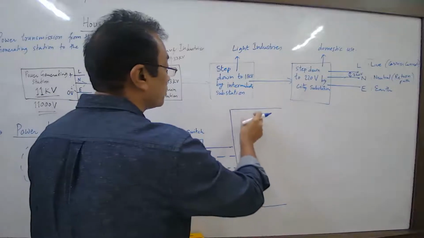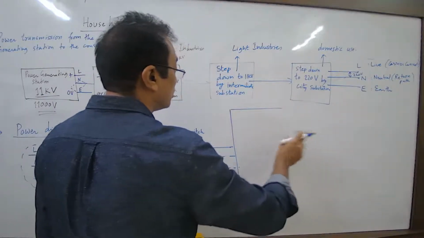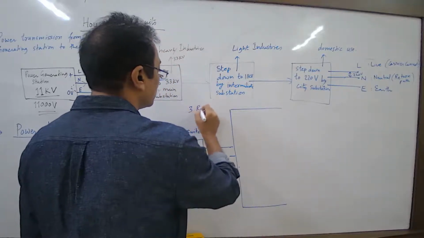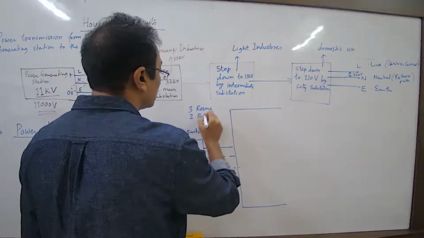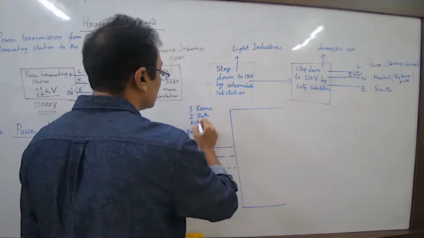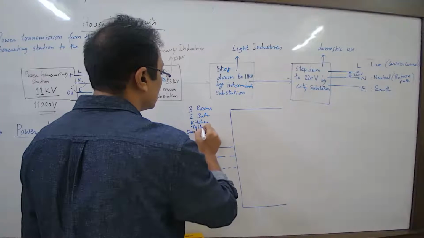So 3 BHK, then we have a kitchen, toilet, so on and so forth. So we need 5 connections. So 3 rooms, 2 bathrooms, then we have kitchen, then we have toilet. Let us say.